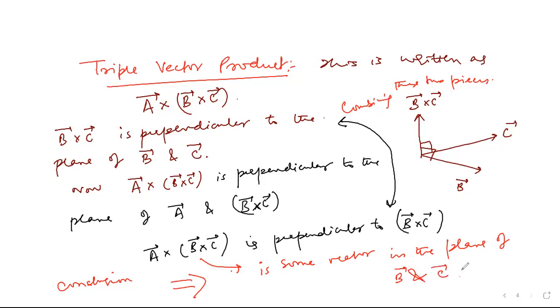So A cross B cross C is some vector in the plane of B and C.